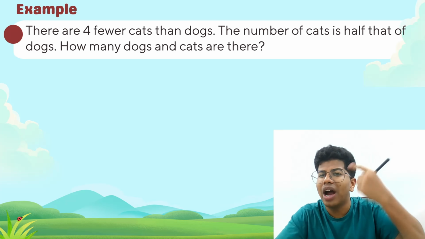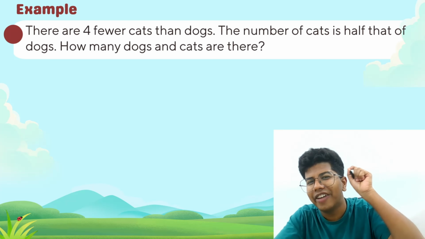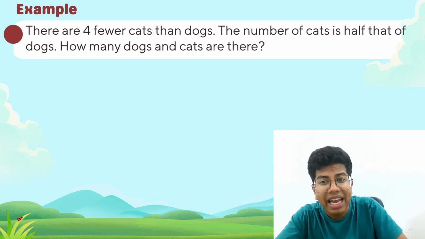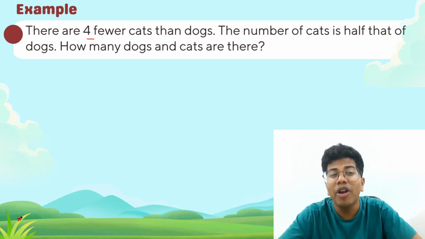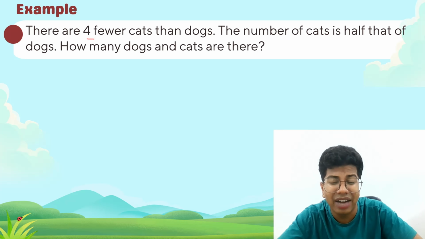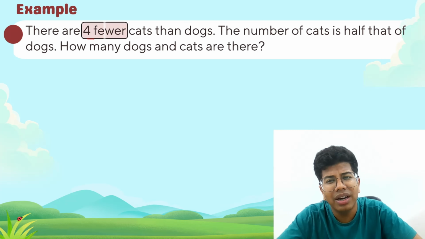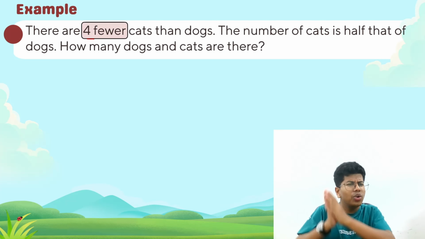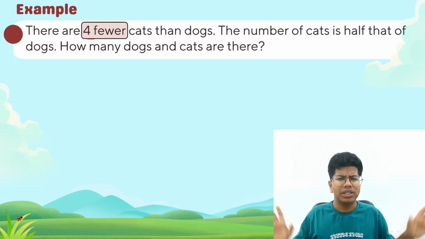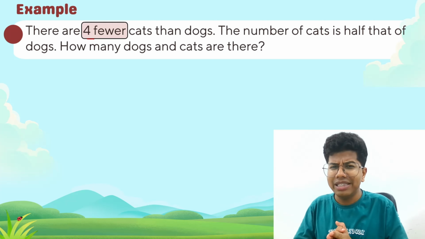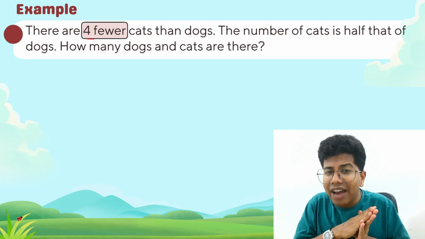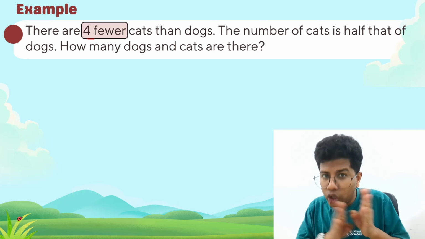Now let's try to understand more on this with the final example. There are 4 fewer cats than dogs. The number of cats is half that of dogs. How many dogs and cats are there? So here there are two relations. There's no exact value given to us. The question says there are 4 fewer cats than dogs. This means the number of cats is 4 less than dogs.